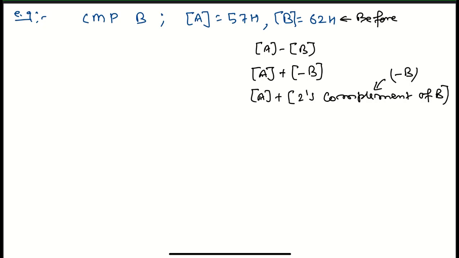So 62H is subtracted from 57H by the use of this 2's complement method.